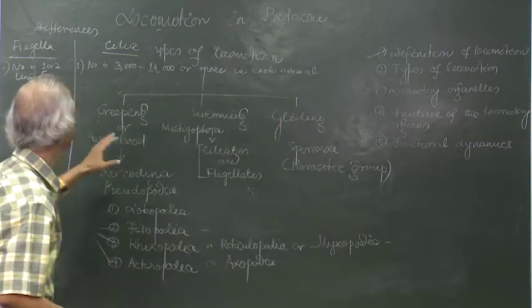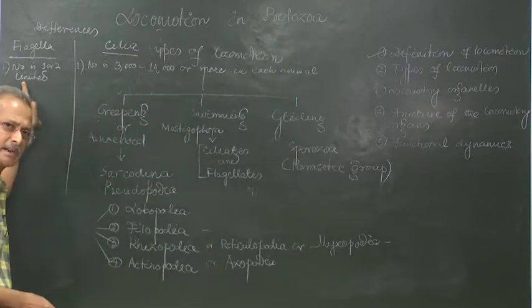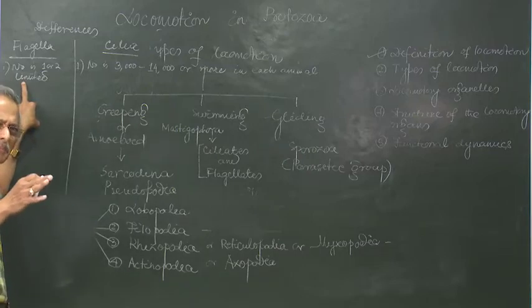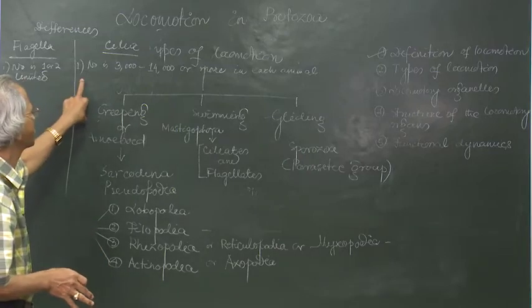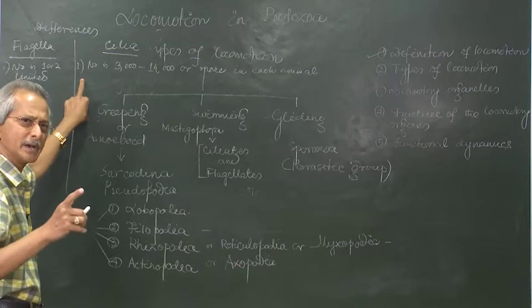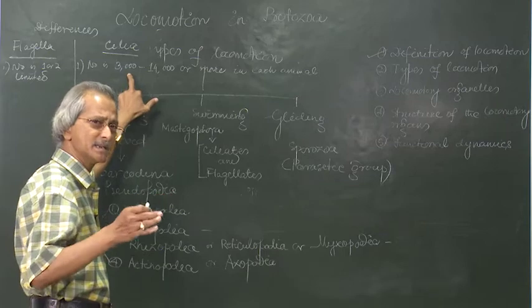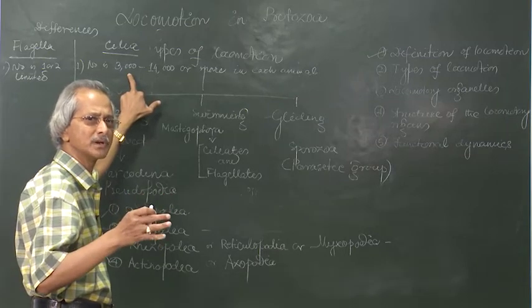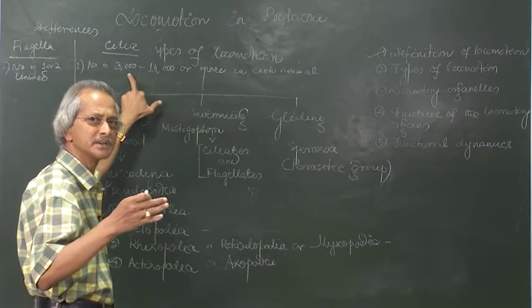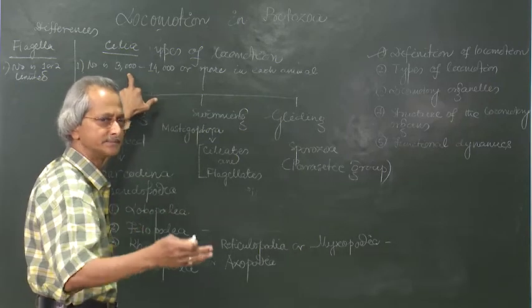So, here the number is restricted to 1 or 2 or maybe a few. Here the number of cilia that you find in each organism ranges from 3000 to 14,000, or even in certain cases much more than that.